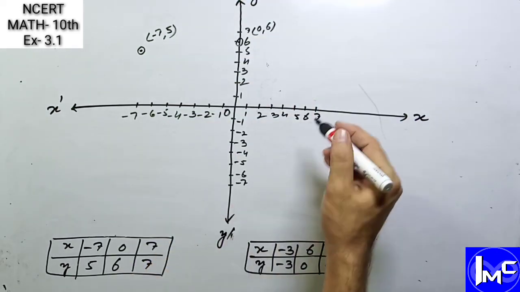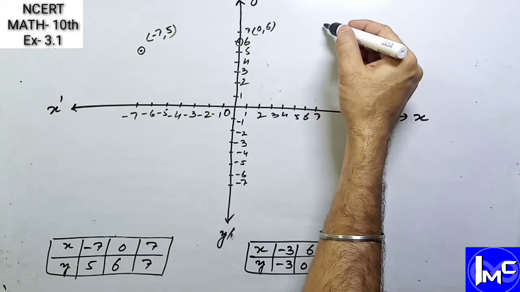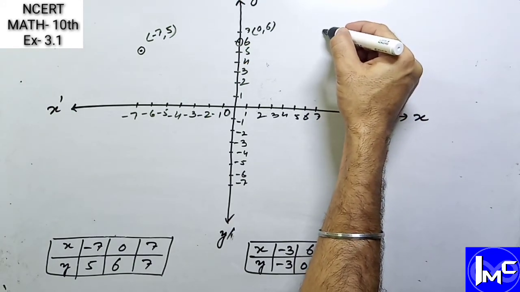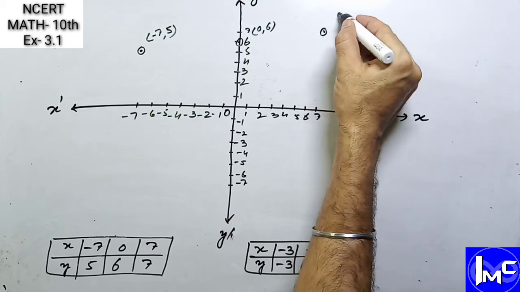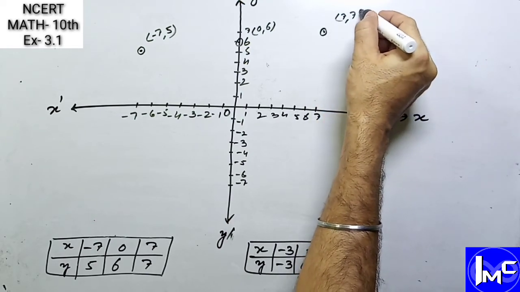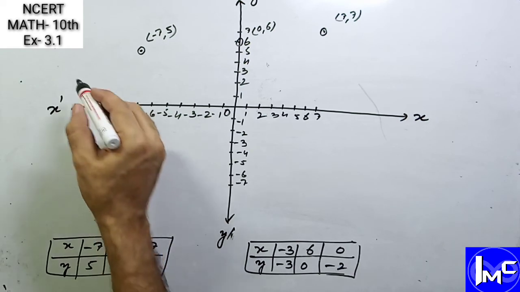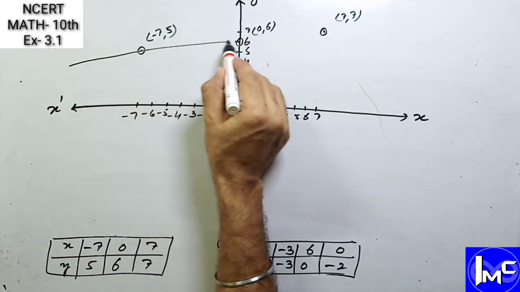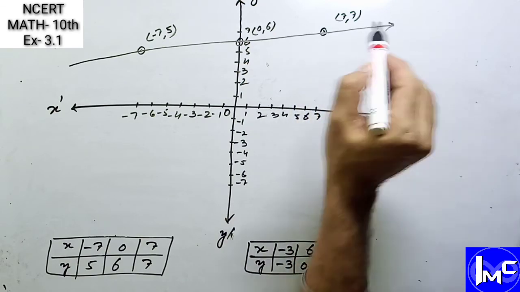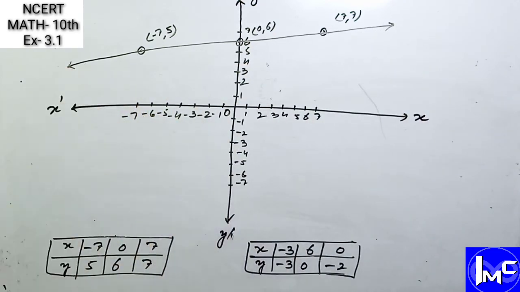Next is 7, 7. X is 7 and y is 7. That will be here. And if we draw a straight line through these 3 points, we will get this type of line.